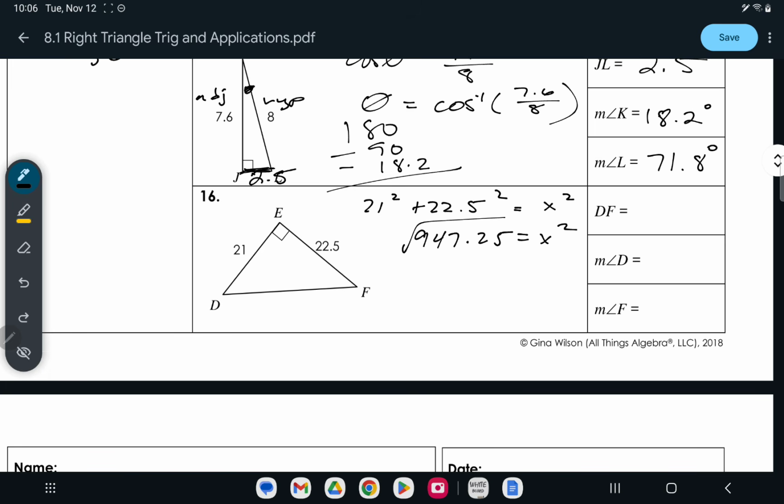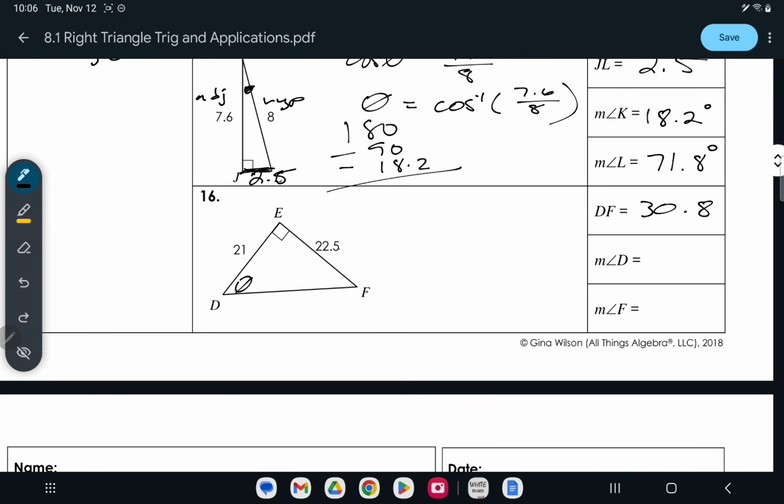And then I've got to square root that. So the square root of 947.25 is 30.8 rounded.